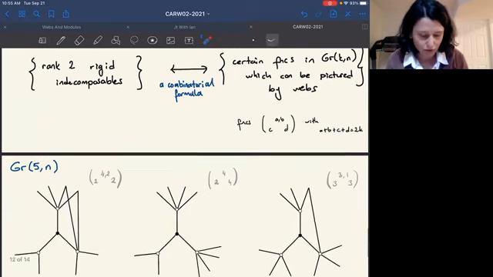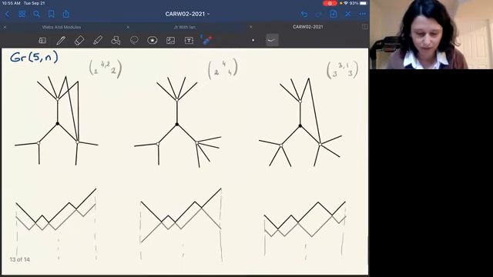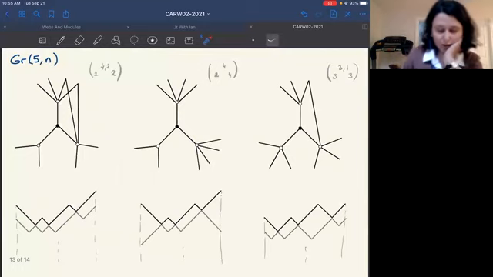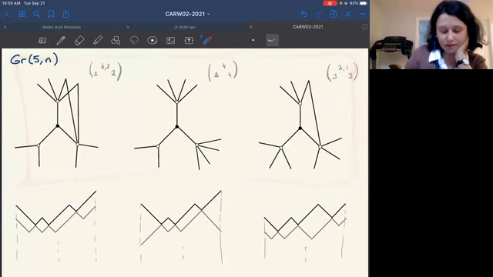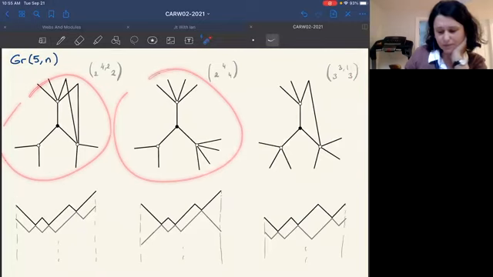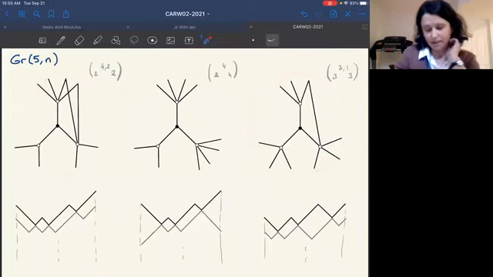So I want to show an example. So the rank 2 webs will look like basically these 3 webs.